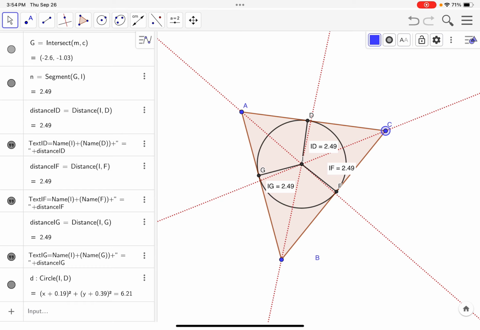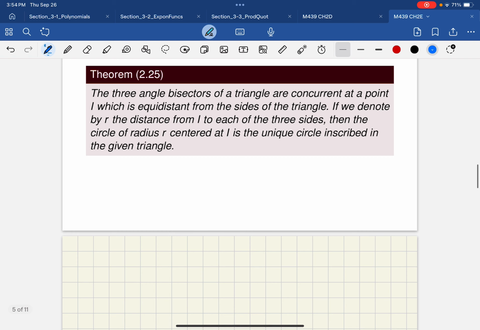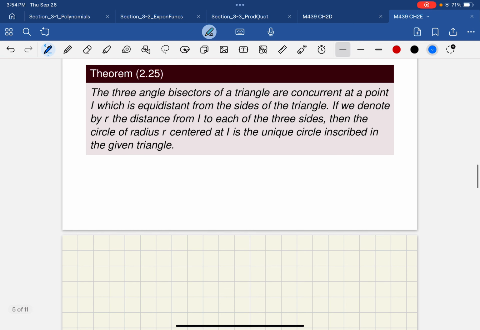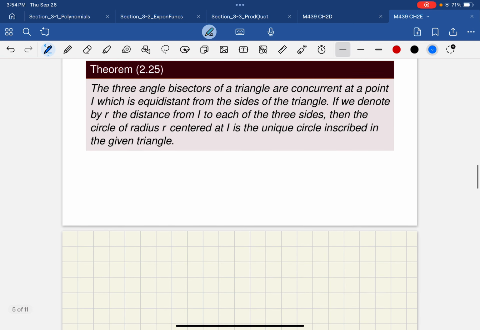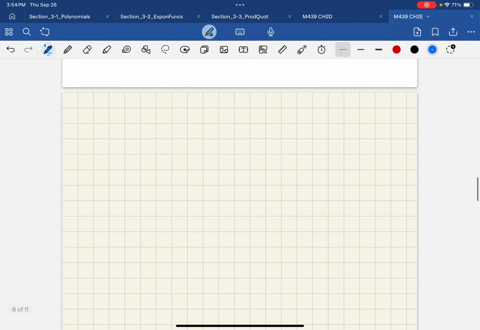All right, let's go ahead and prove the statement. The three angle bisectors of a triangle are concurrent at a point, which is equidistant from the sides. So I'll do a proof sketch here. I'll just say let triangle ABC be considered.